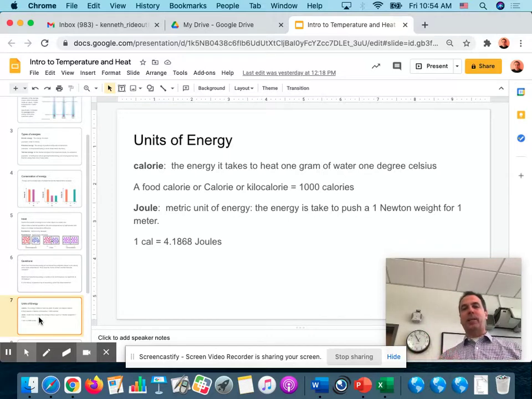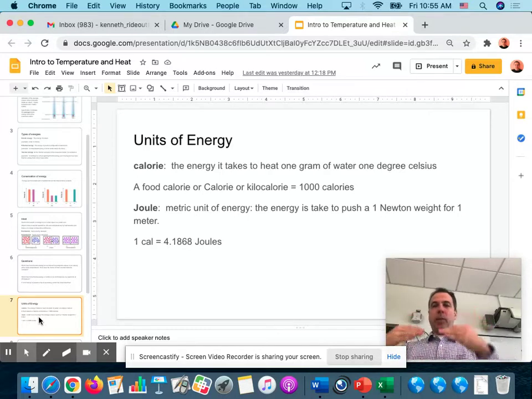People will still be talking about calories, even though the metric system has gone over to joules for many, many years, because it's a super convenient unit if what you're mostly doing is heating up and cooling down things that are mostly made out of water, which of course your food is and your body is, right? And so it's defined this way. It's the amount of energy it takes to take 1 gram of water and raise it 1 degree Celsius, right? So however much energy you have to put in there to do that, that's a calorie.